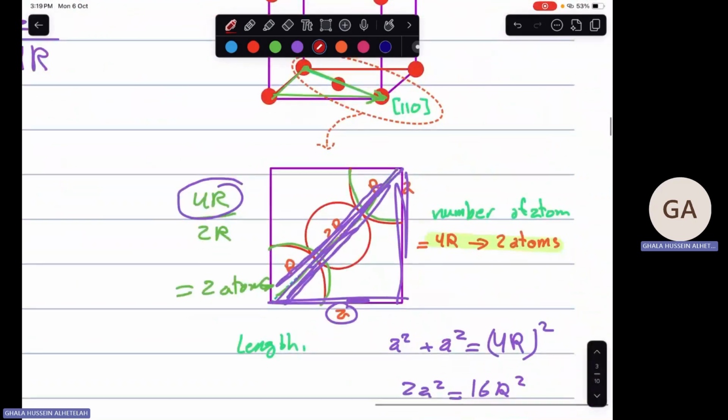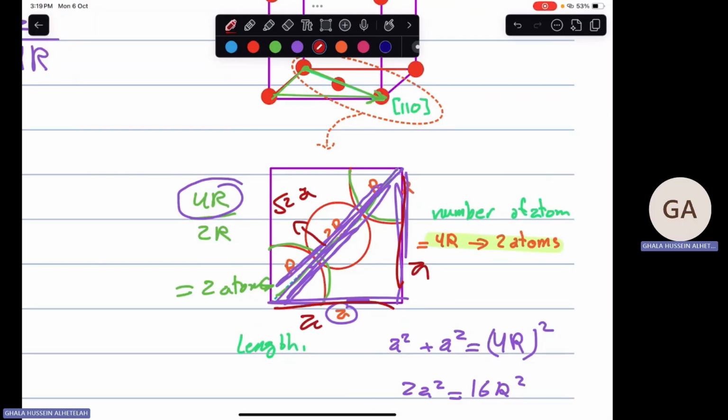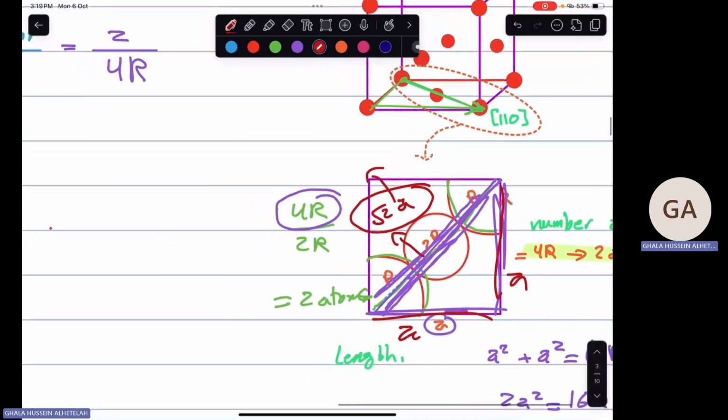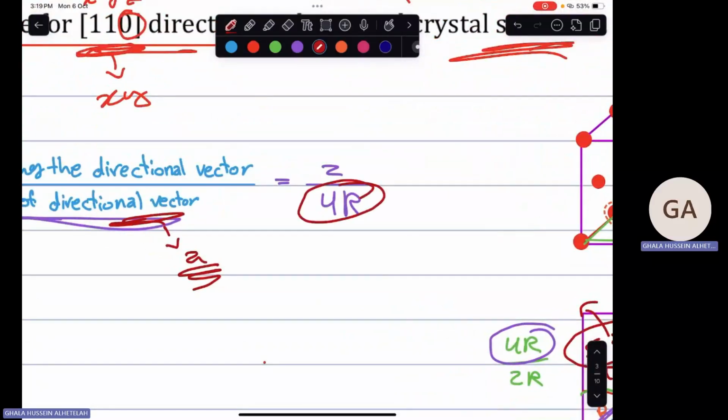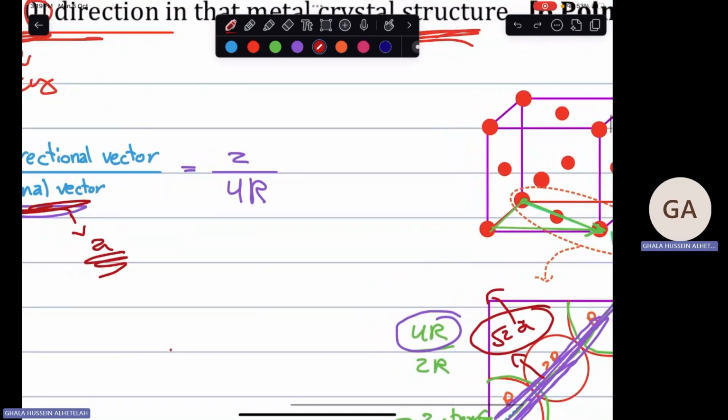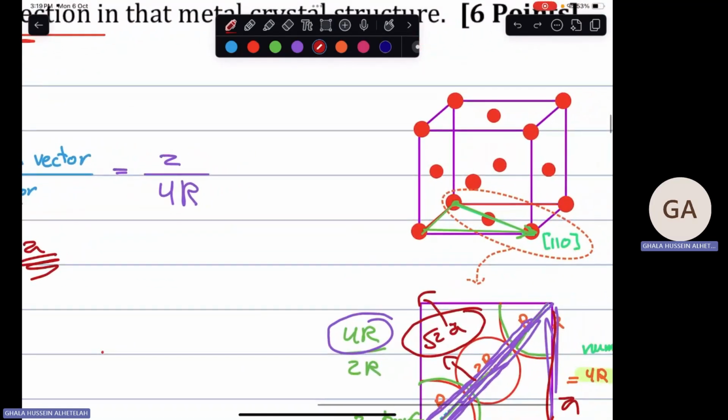How? You know that this is a and this is a, so this is basically square root of 2 a, and then you have to convert it another time to be in r terms. Okay, so it is easier to take the radius directly, and it will work for you if you have a structure like the FCC structure.